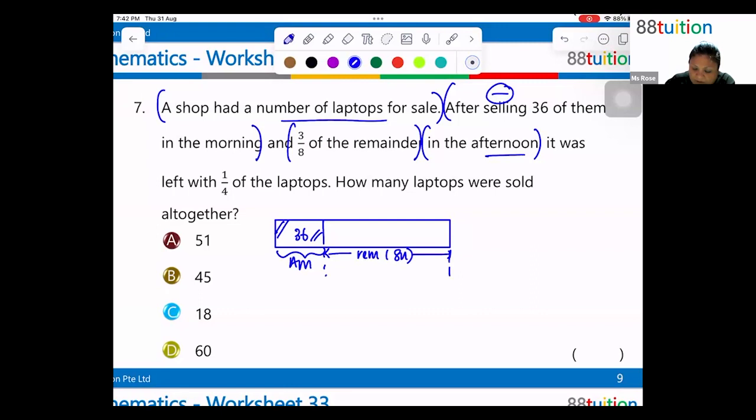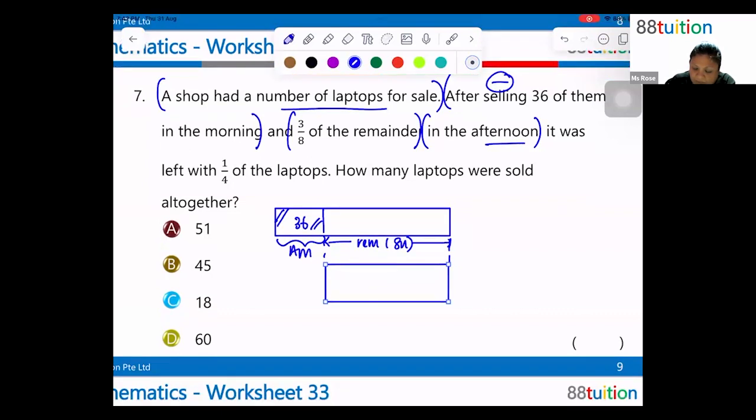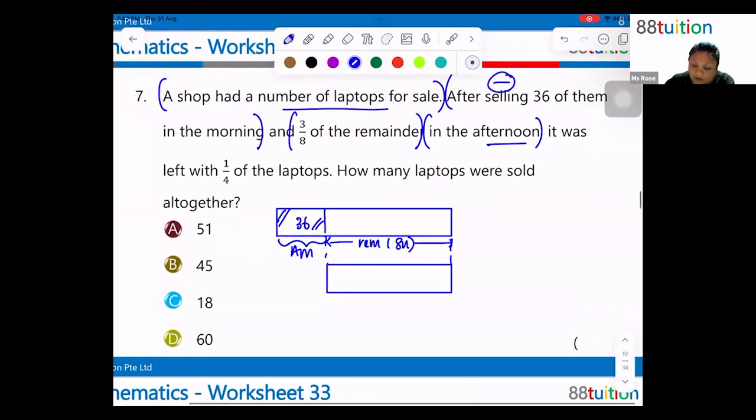So now, she sold 3/8 of the remainder in the afternoon, it was left with 1/4 of the laptops. So what's left here? 5 unit. Yes, you can do branching.